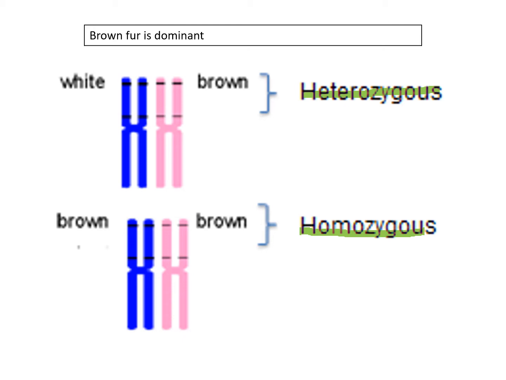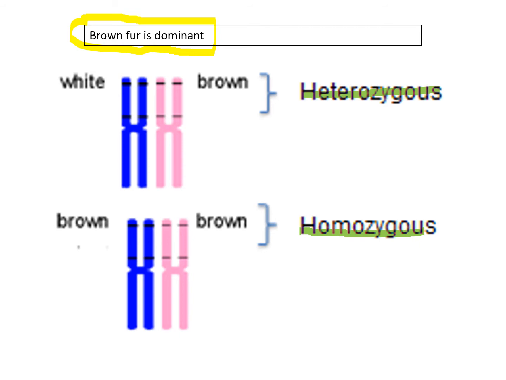So let's assume that a dog can have either brown fur or white fur. And furthermore, that fur color is controlled by a single gene. I've noted on the top that brown fur is dominant.